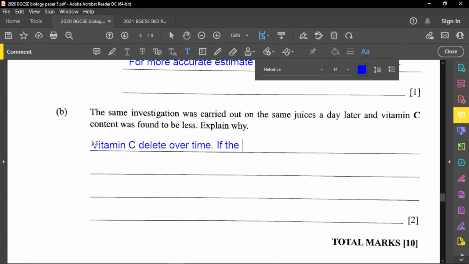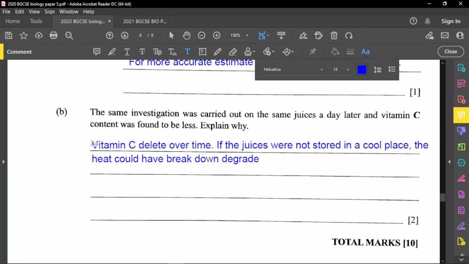If the juices were not stored in a cool place or area, the heat could have, let's say, broken down, or let's use the word degrade, the vitamin C content.